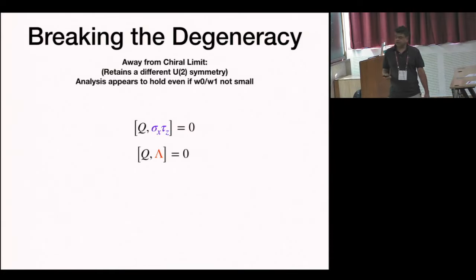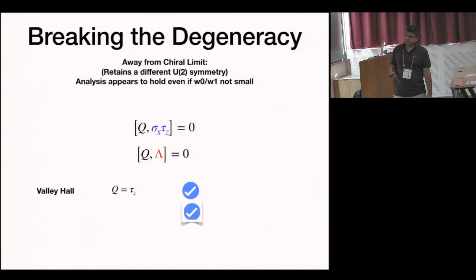Again, you can write down a list of states that satisfy this. One of them turns out to be valley polarized. That's the right matrix. So tau z commutes, of course, but it should be called valley polarized. Everything jumps into one valley.